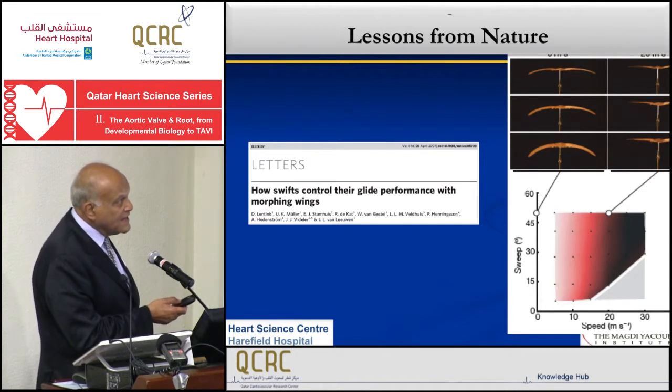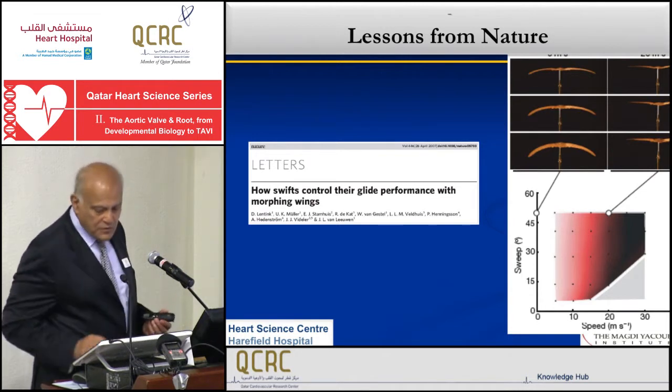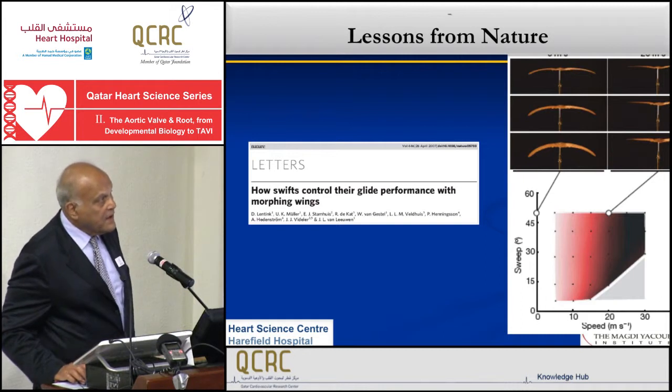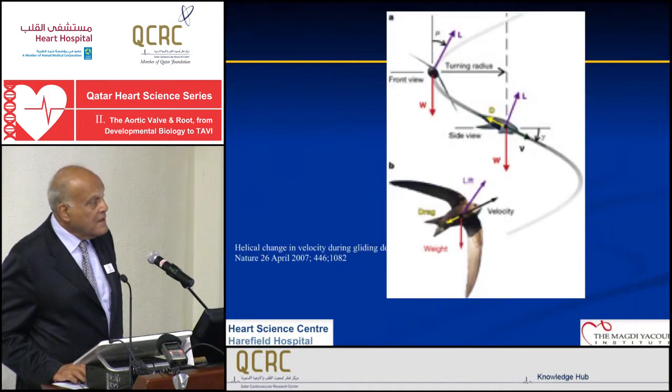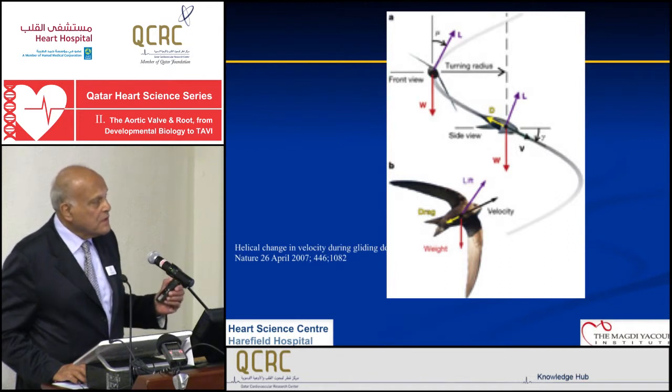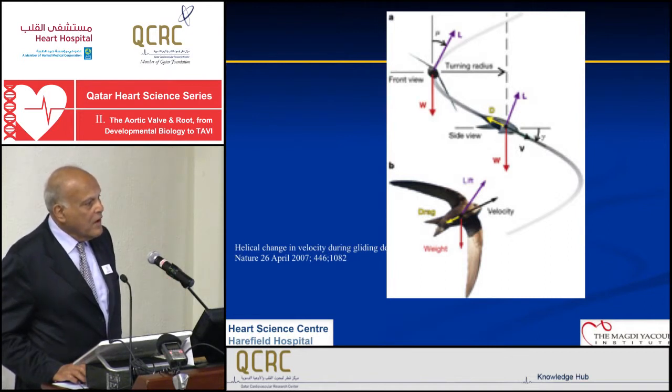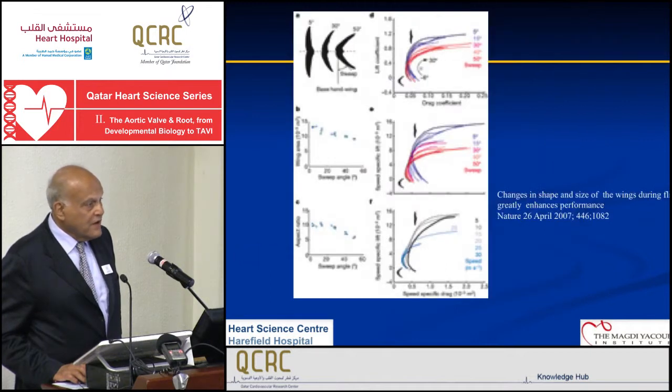It gives the swift exquisite flight control. And by doing that, not only the position and the shape, but also the size of the wing is constantly changing. And the result is that the swift can have this exquisite control over its flight path, way beyond anything you think. And that is due to the change in shape and size.